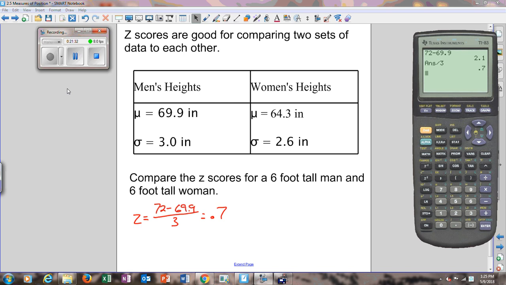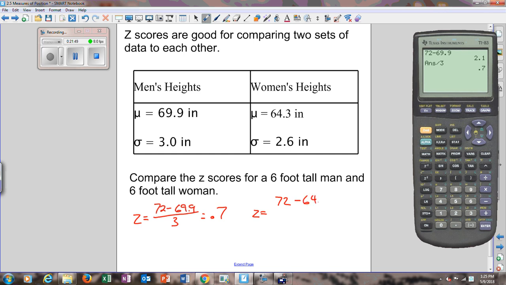Then the woman who's 6 foot tall, still 72 inches tall. The height of a 6 foot tall person doesn't change. Still 72 inches.